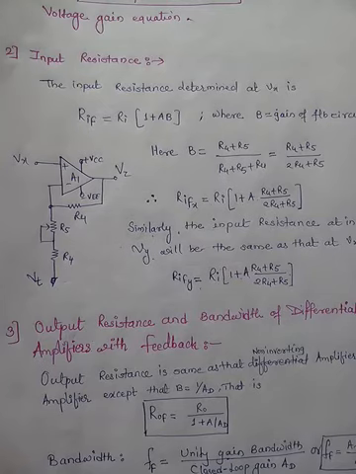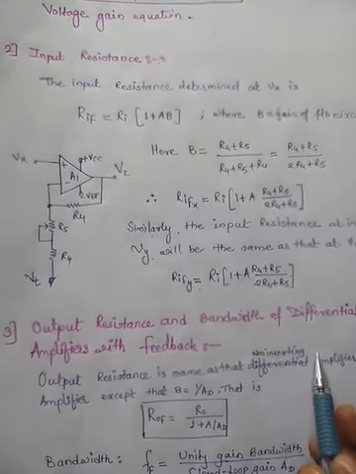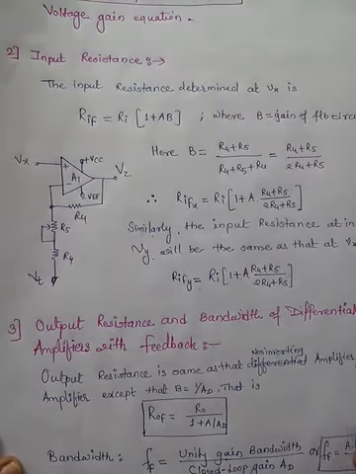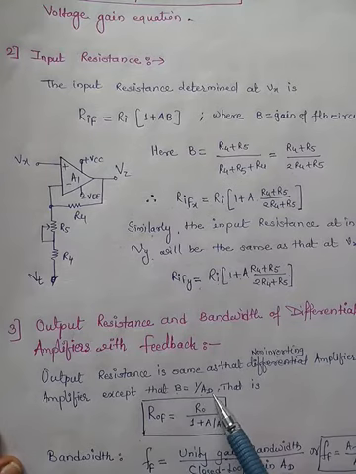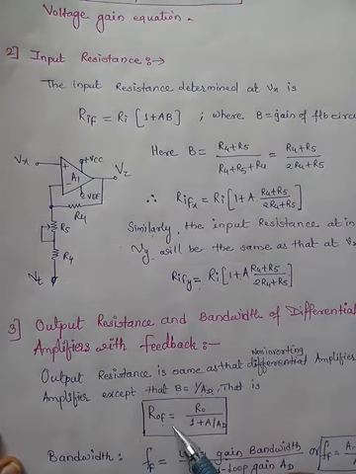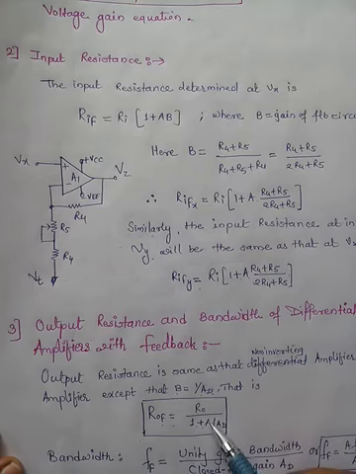So the output resistance of the differential amplifier is the same as that of a non-inverting or inverting amplifier, except that here the B value is 1 by AD, that is the differential gain of the differential amplifier. So output resistance with feedback is R0 by 1 plus A divided by AD, as we know that B is equal to 1 by AD.